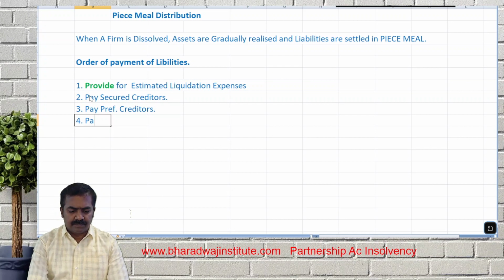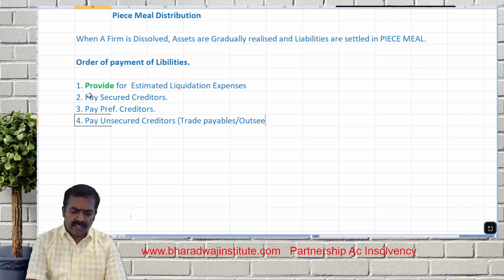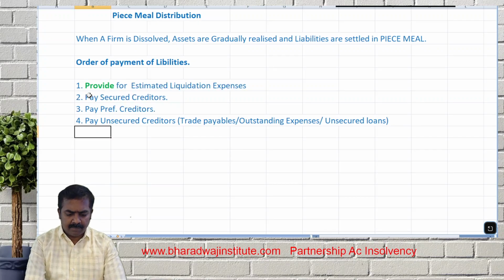Then pay unsecured creditors, which may be trade payables, outstanding expenses, unsecured loans. Pay them next.